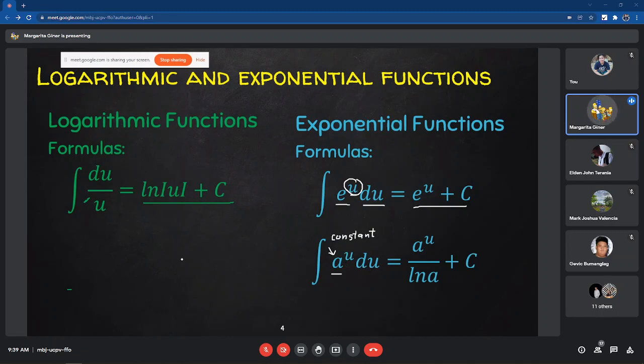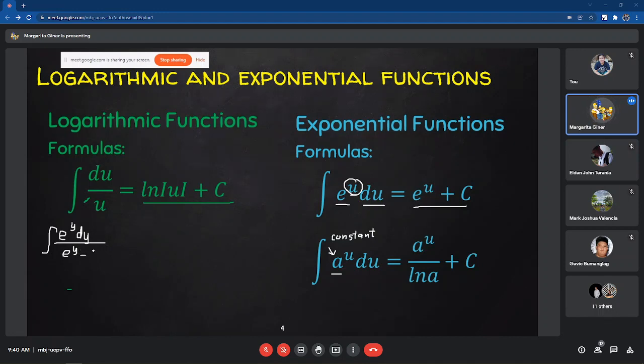Okay, so let's try to solve some examples here. Let's say we have the antiderivative of e raised to y dy, divided by e raised to y minus 1.